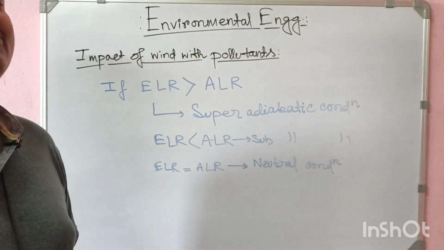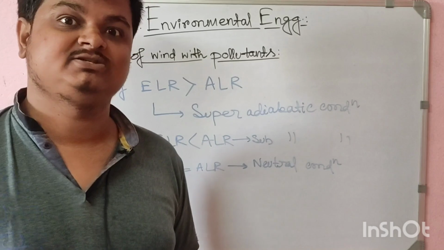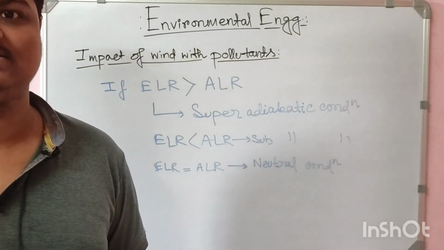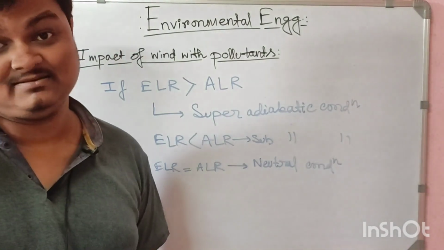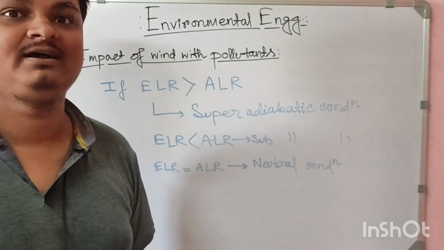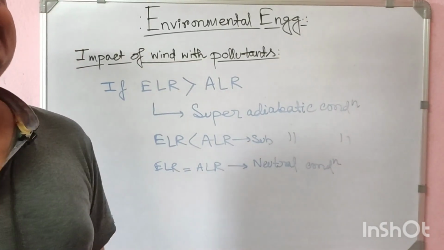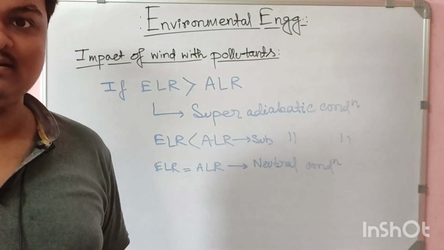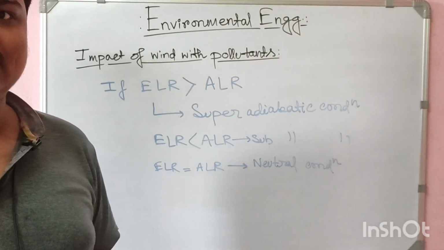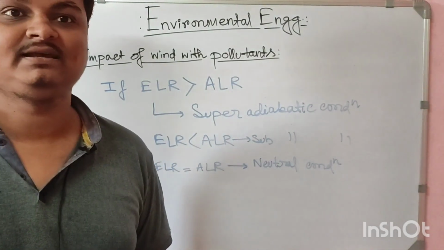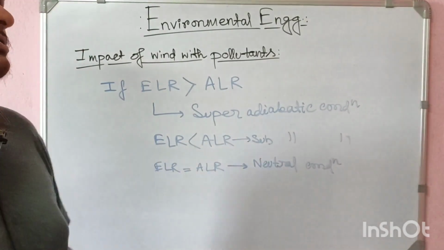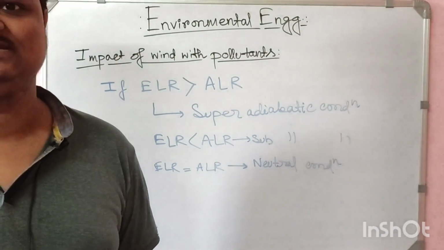So it happens that when height is increasing, the temperature is also increasing. That's the inversion. And subsidence inversion is not the same as inversion, but it is the submerging of air due to the high pressure, when the surroundings air pressure is low. That is the subsidence inversion.